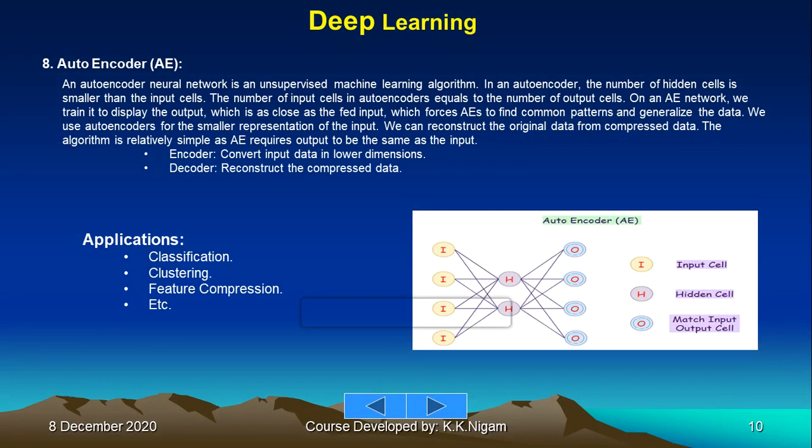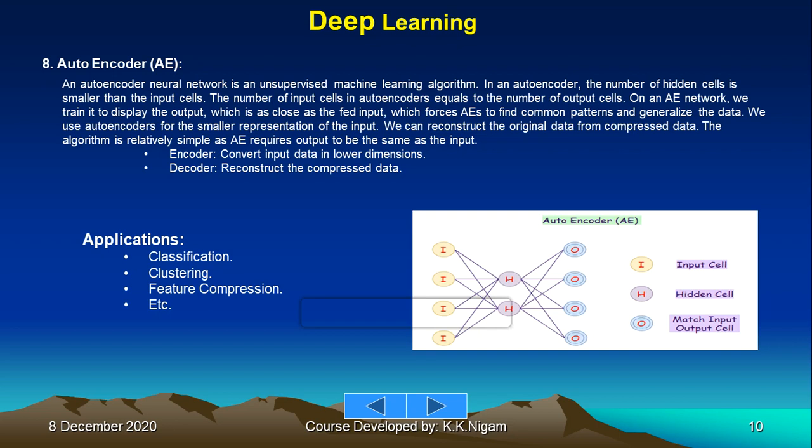Autoencoder. Now this is also coming up in a big way now. An autoencoder neural network is an unsupervised machine learning algorithm. In an autoencoder, the number of hidden cells is smaller than the input cells. The number of input cells in autoencoders equals the number of output cells.